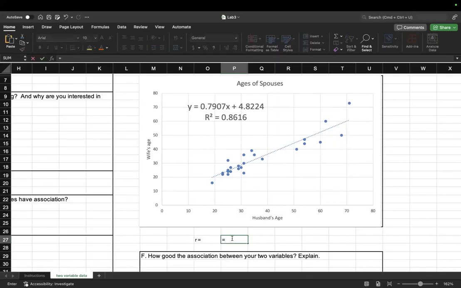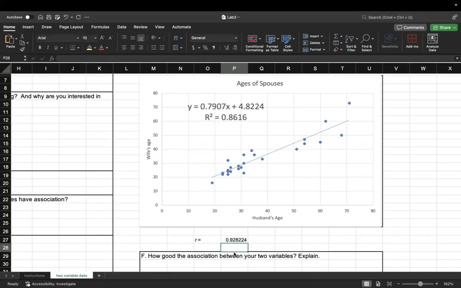Remember, equals tells Excel we're going to do math now. SQRT is square root. Then I'm just going to type in this number, 0.8616. I'm telling it to take the square root of that, because I have an R squared, and I need to take the square root in order to get my R value.